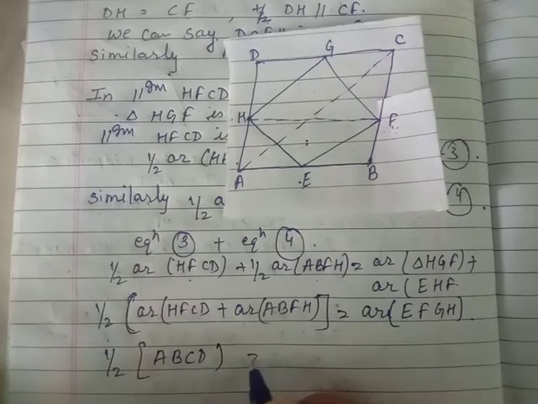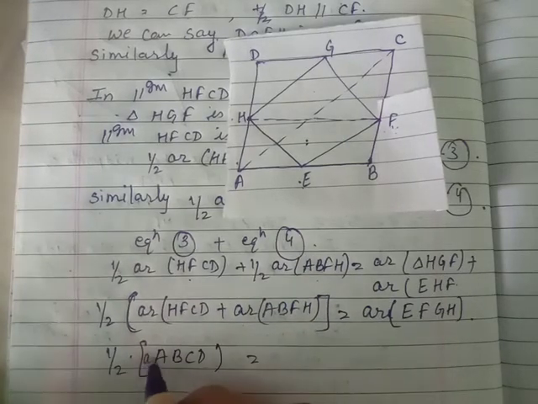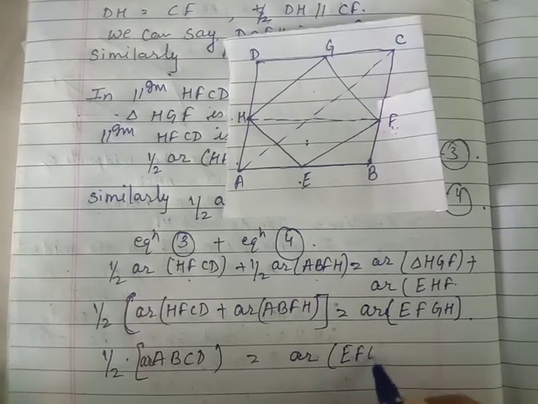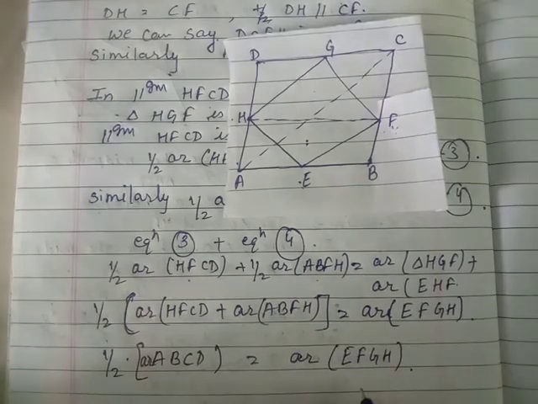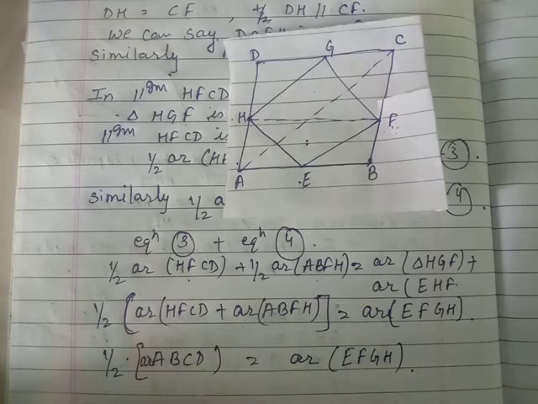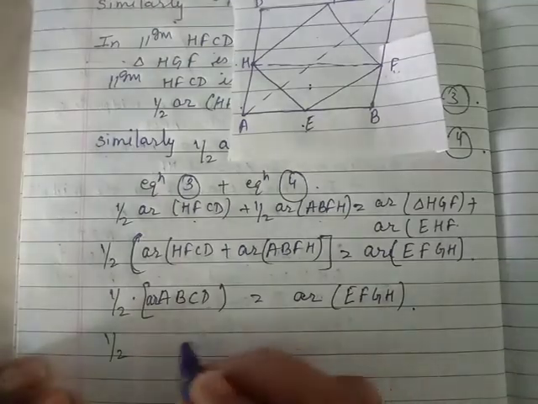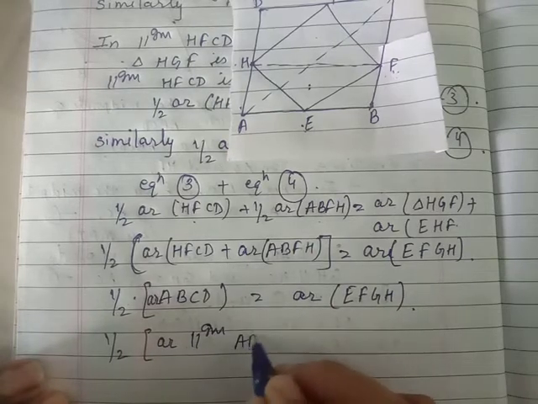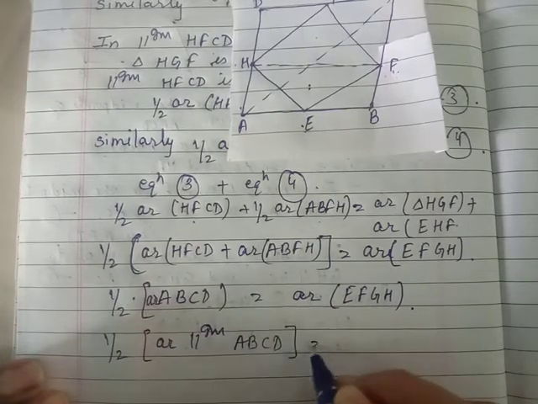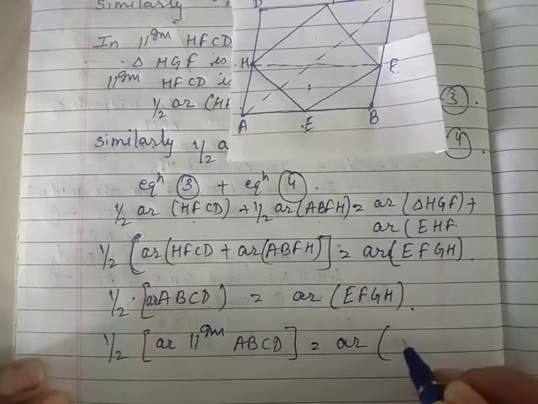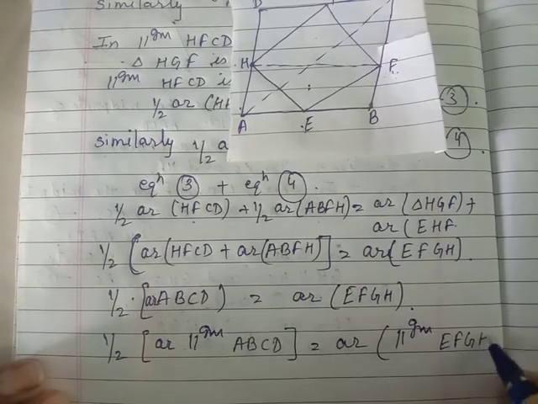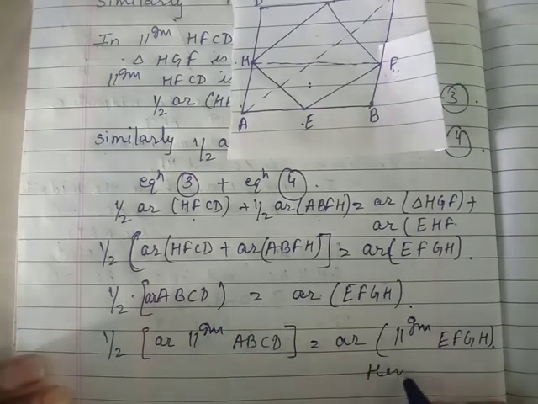Half of area of ABCD is equal to area of EFGH. This is what we have to prove. Both these are parallelograms. So half of area of parallelogram ABCD is equal to area of parallelogram EFGH. Hence proved.